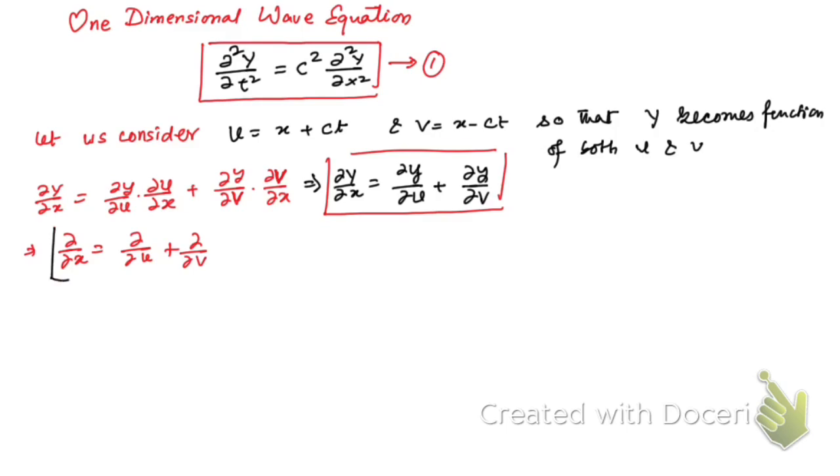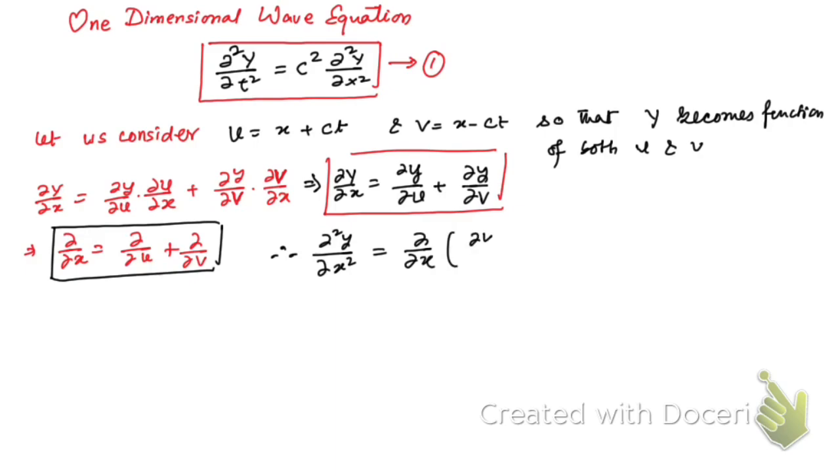Therefore, for the second order derivative of y with respect to x, we can write del by del x operating on del y by del x, and we can replace del by del x by this, and del y by del x by this.